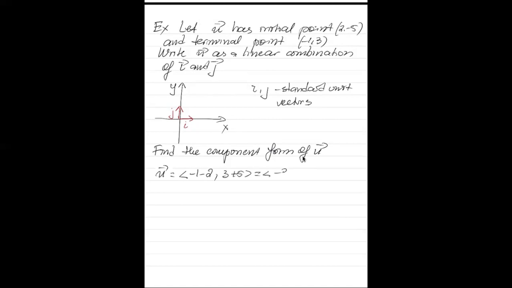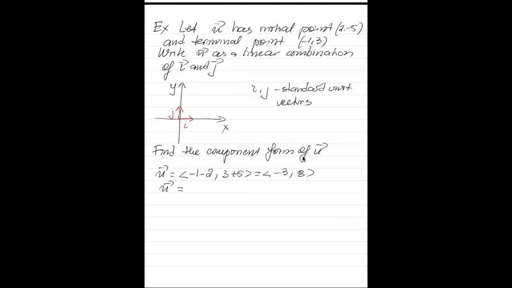So the components are negative 3 and 8. So our vector U has components negative 3 and 8, and another way we can write this down is negative 3I plus 8J. I'm going to show you this in detail, how we do this.